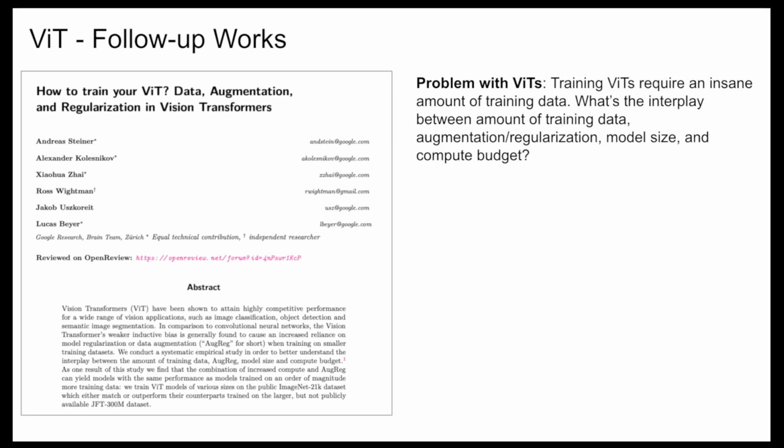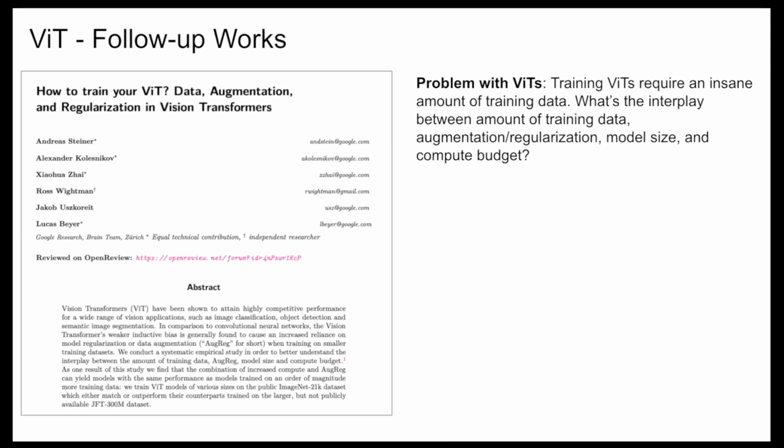So the problem with ViT is that training it requires a certain amount of data. If you remember from the original paper, the attractive results or attractive accuracy were achieved because of training it on the JFT-300M dataset, which is not public.